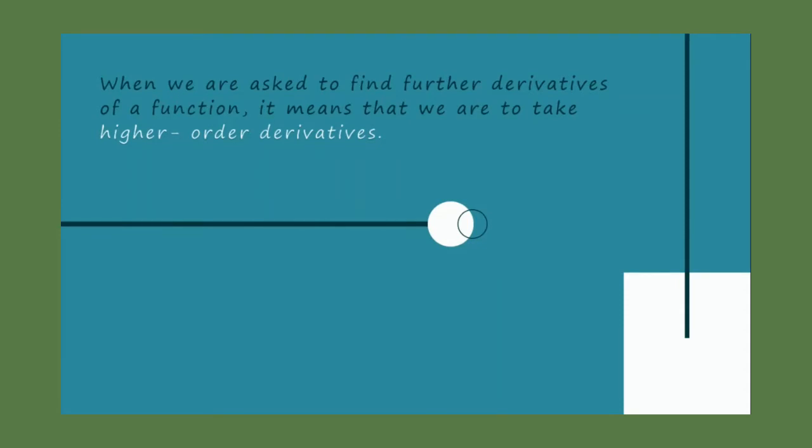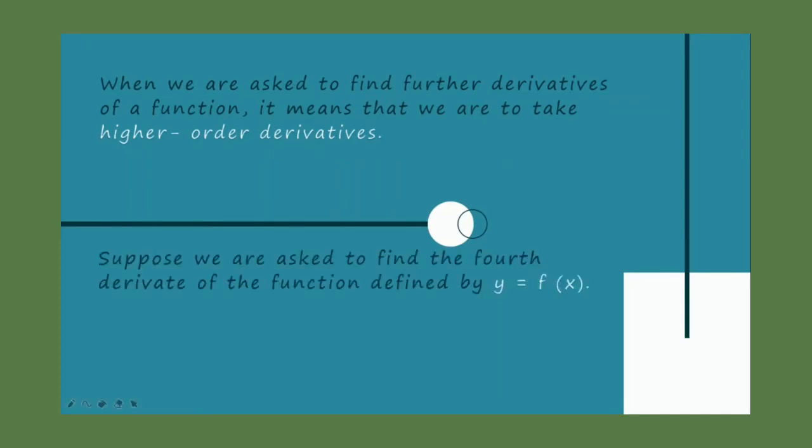Now, when we are asked to find further derivatives of a function, it means that we are to take higher order derivatives. So for example, suppose we're asked to find the fourth derivative of the function defined by y equals f of x, then we must first get its first derivative, then its second derivative, and its third derivative.